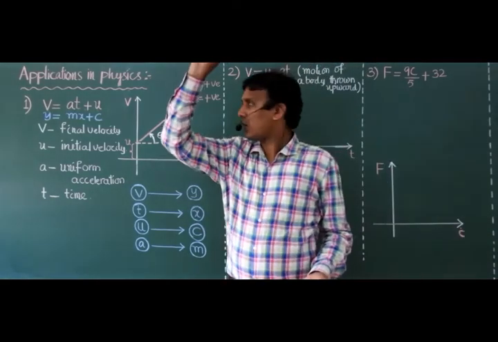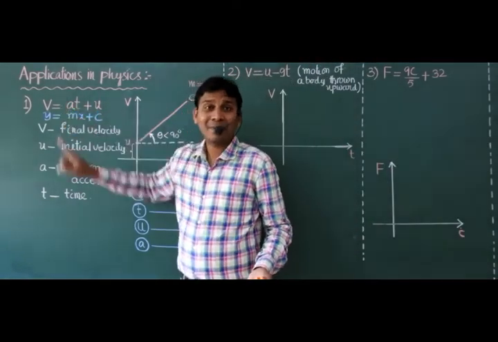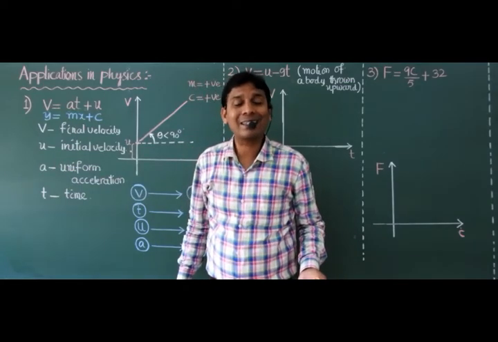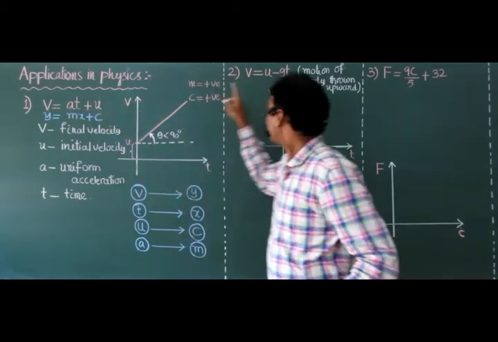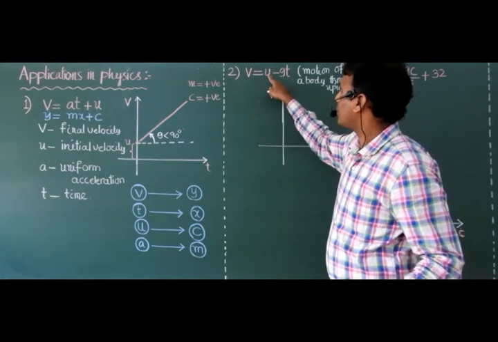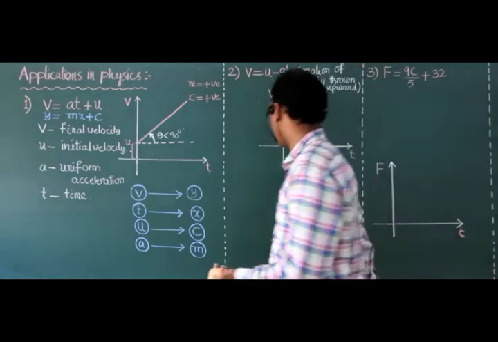When it is thrown upward, this A becomes minus G, acceleration due to gravity, substituting in U minus GT. V is equal to U minus GT.